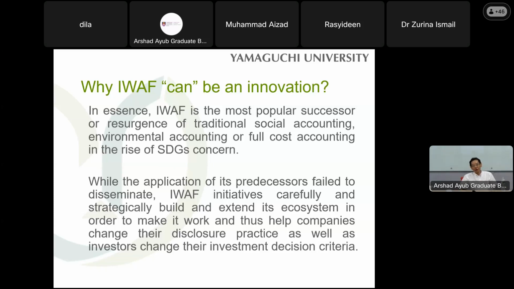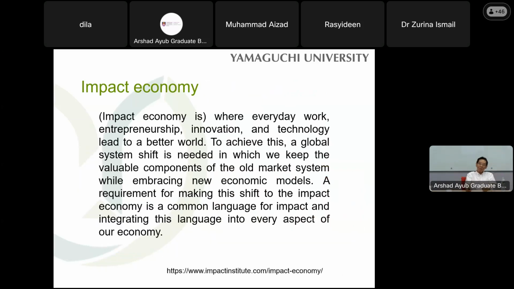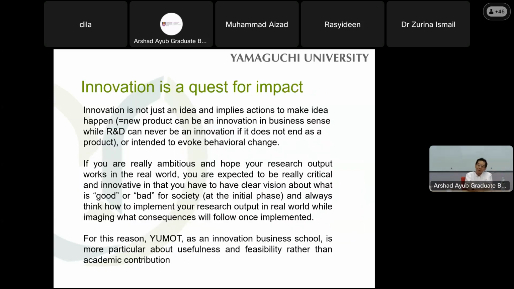The IWAF initiative carefully and strategically builds and extends its ecosystem in order to make it work, and thus helps companies change their disclosure practice, as well as investors change their investment decision criteria. Again, my definition of innovation: innovation is not just the idea.